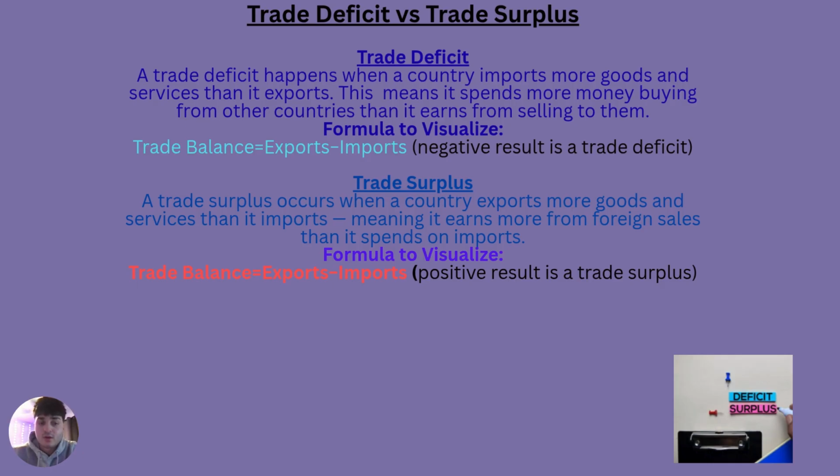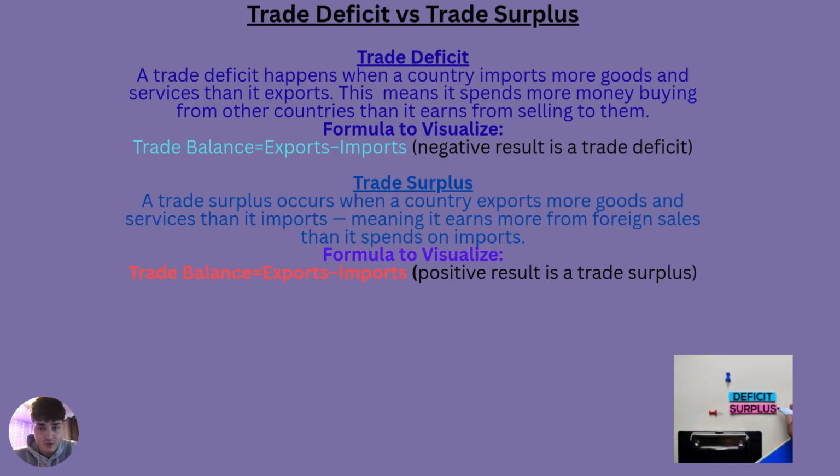So, first, I'll be talking about trade deficit versus trade surplus. A trade deficit happens when a country imports more goods and services than it exports. So, basically, it means that we, as a country, buy more goods and things that we need to keep our country running, and we sell less to other countries to give them what they need to keep running.